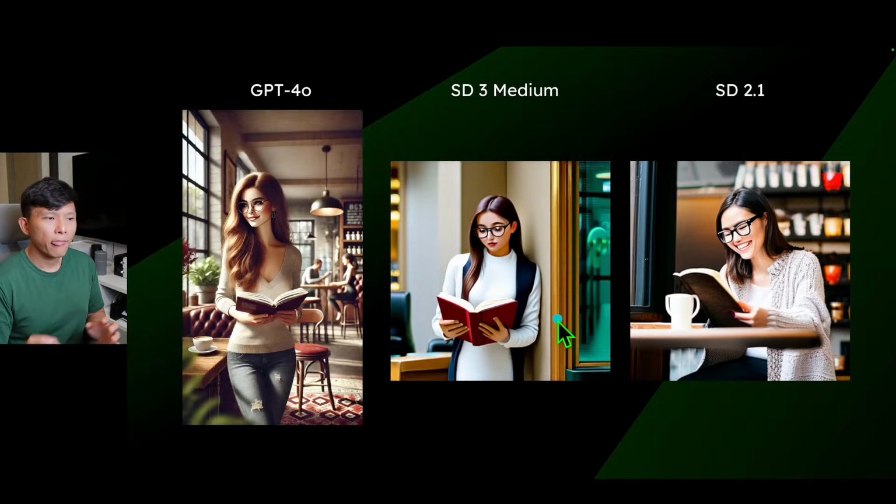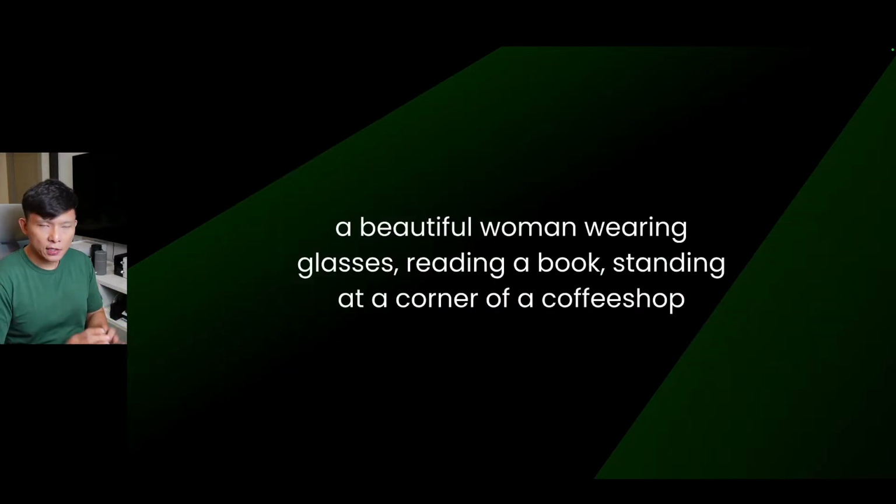But again, I used exactly the same prompt for all of these. This might not be the best practice. Because these models are not trained in the same way, they are not going to see the same caption, the same pair of caption and image. So it's hard to say that this is the right way to compare these models.